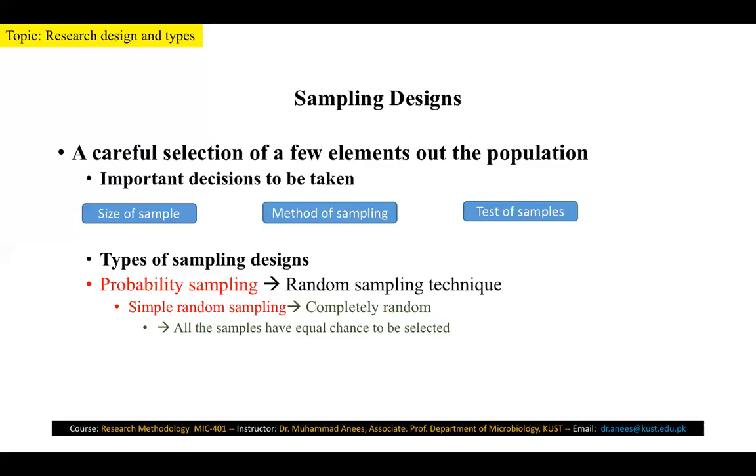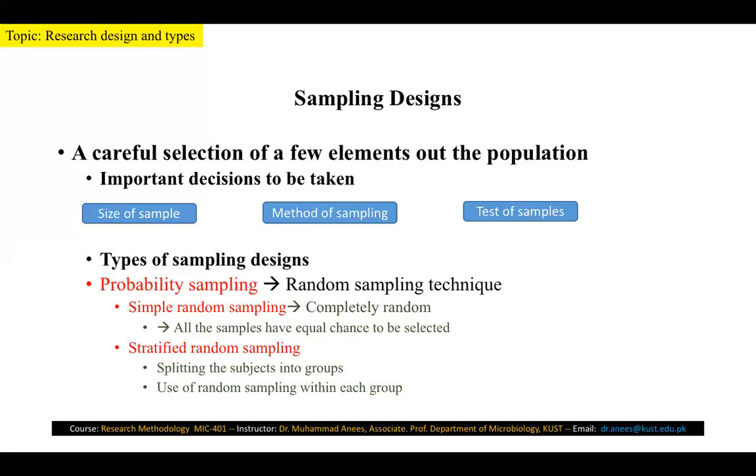So in this case, there is no involvement of bias. There is no involvement of your own will. You cannot select a particular sample by your own will. It's all done randomly. All the population is considered at once, and then any of the subjects can be selected, and that is known as simple random sampling.